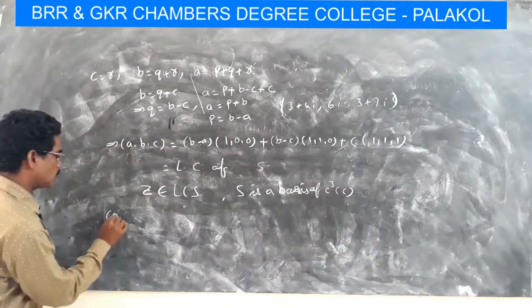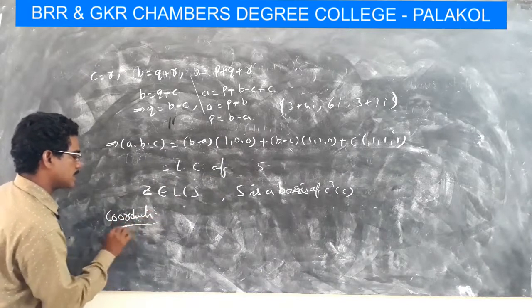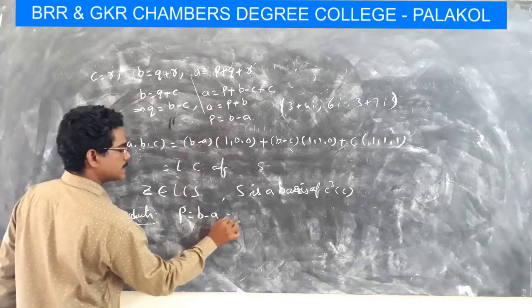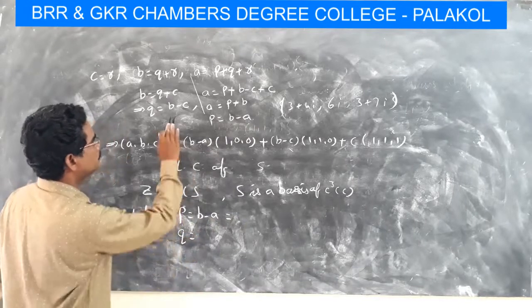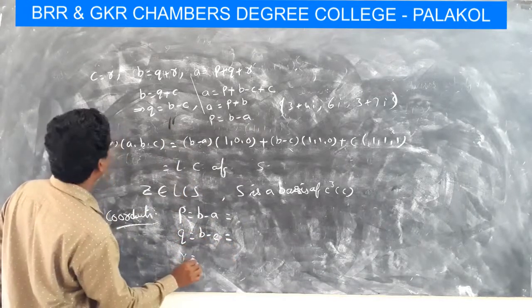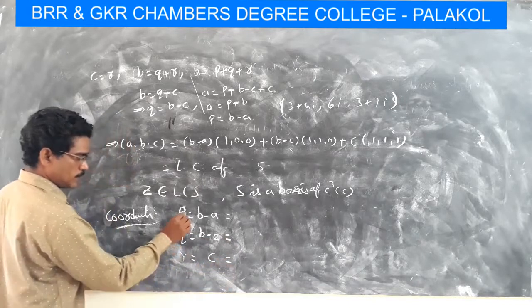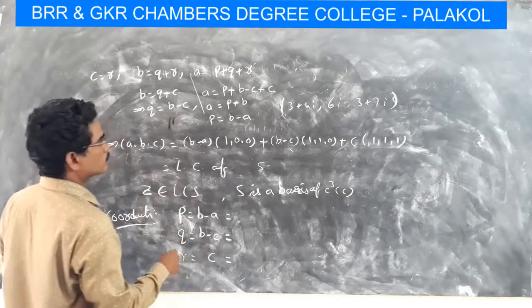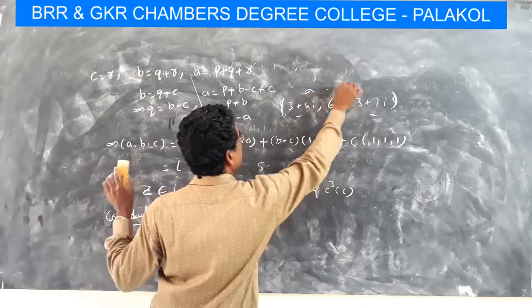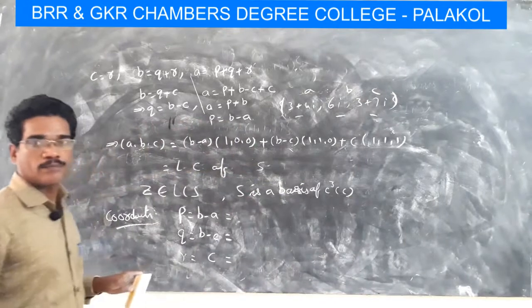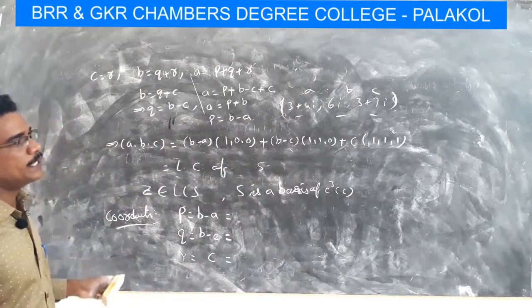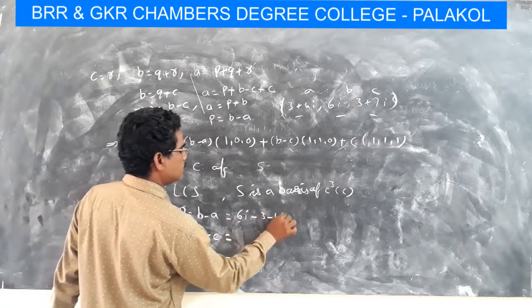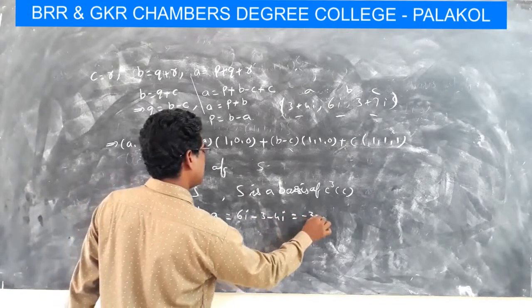Now the coordinates: P equal to B minus A, Q equal to B minus C, and R equal to C. Here A, B, C are given as 3 plus 4i, 6i, 3 plus 7i. Then P equal to B minus A, that is 6i minus 3 minus 4i, finally minus 3 plus 2i.